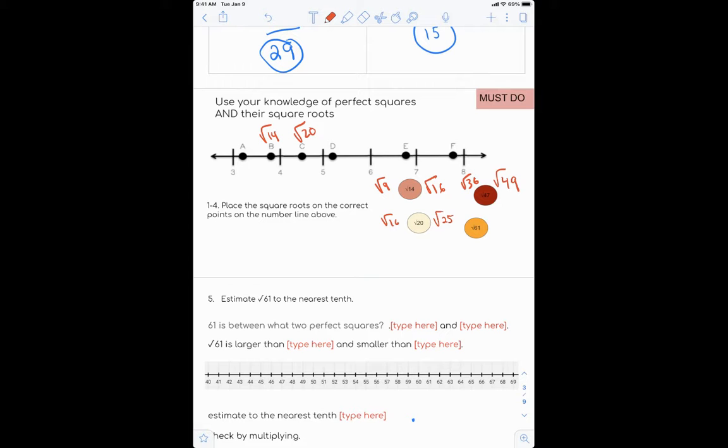I know that 47 is closer to 49, so the square root of 47 would be closer to the square root of 49, which is 7. So that would put this at point E.